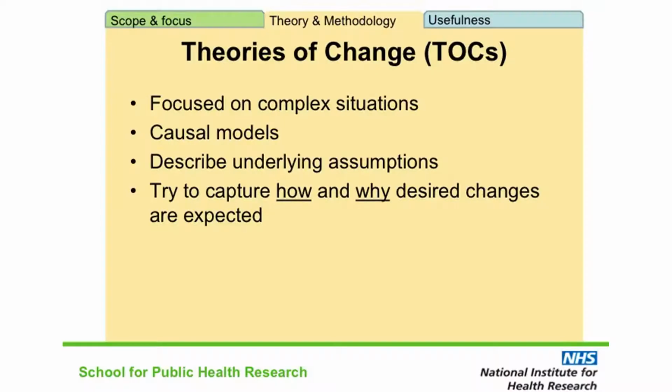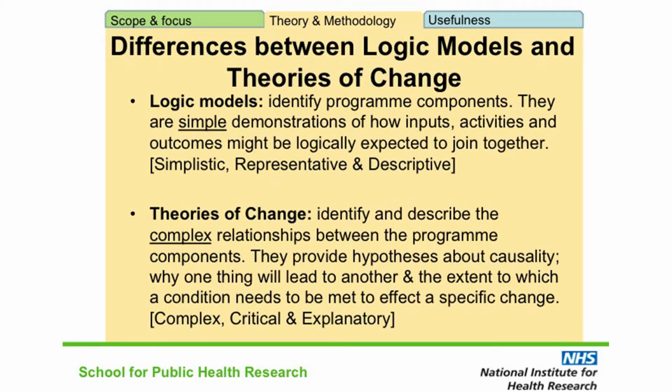So theories of change work on similar principles, but they're focused more on complex situations and understanding the complexity of the situation. These are causal models that try to describe the underlying assumptions of a program. They try to capture how and why desired changes are expected. Now, there are some clear differences between logic models and theories of change.